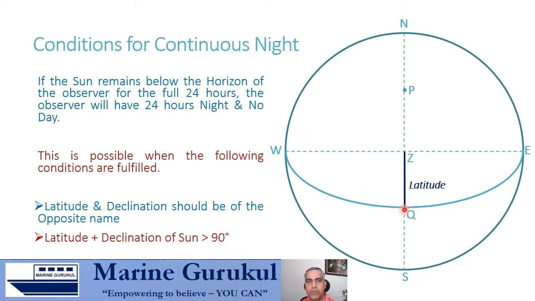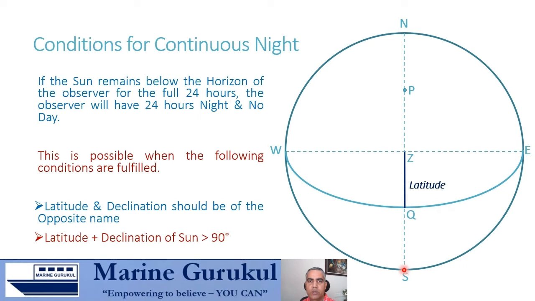Now if the sun is between point Q and point S, it has southerly declination, but it will still be coming above our horizon. If the sun passes our meridian between Q to S, it will still be coming above our horizon. There will be a sunrise and there will be a day for some parts of the 24 hours.